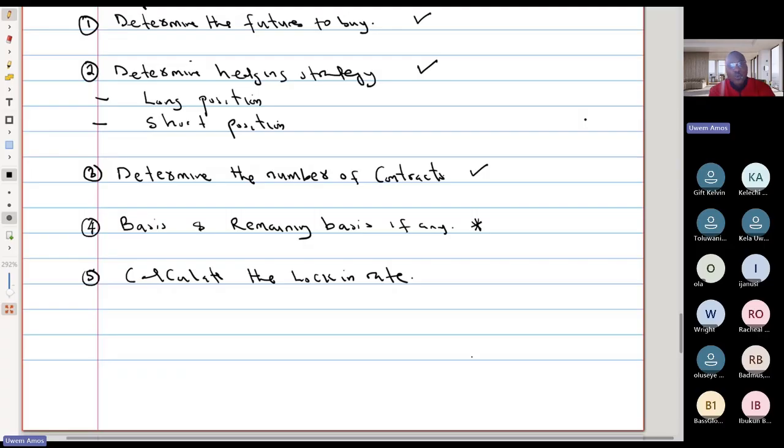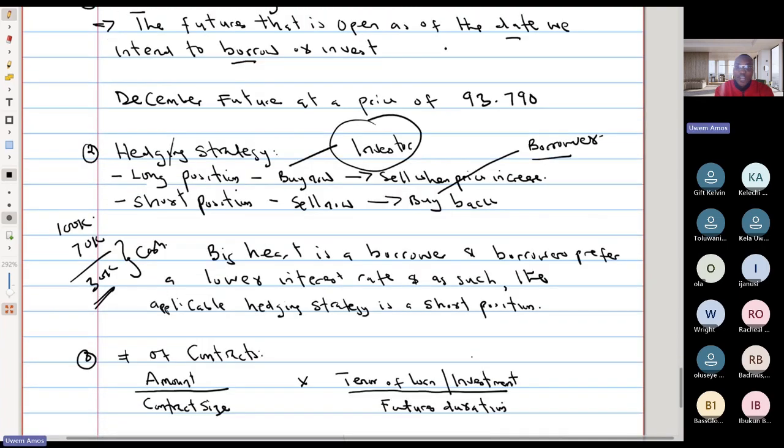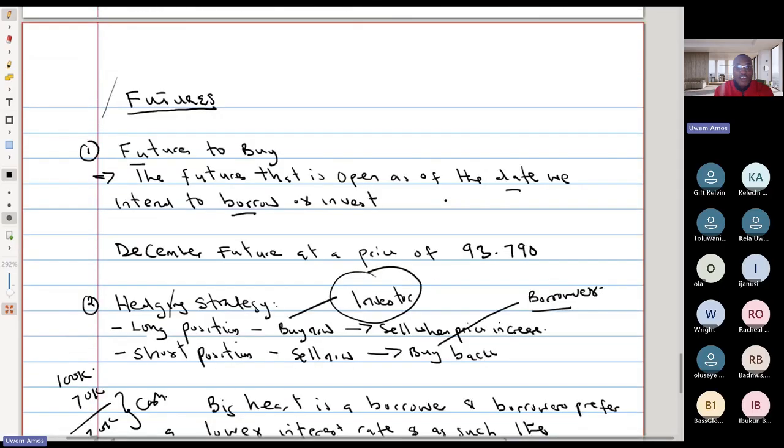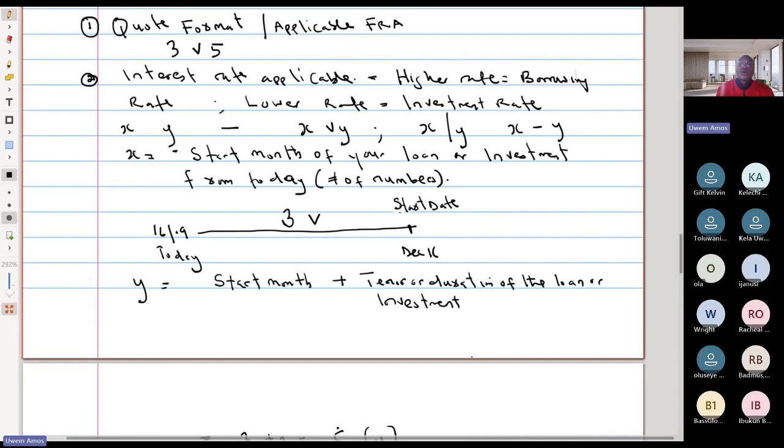Now, let's go back to what Mr. Bighard bought. Today, based on our explanation, where's that graph where I drew that line? I think it's up here. Yeah. So Mr. Bighard, today is 16/09. Mr. Bighard is buying a futures, December futures.